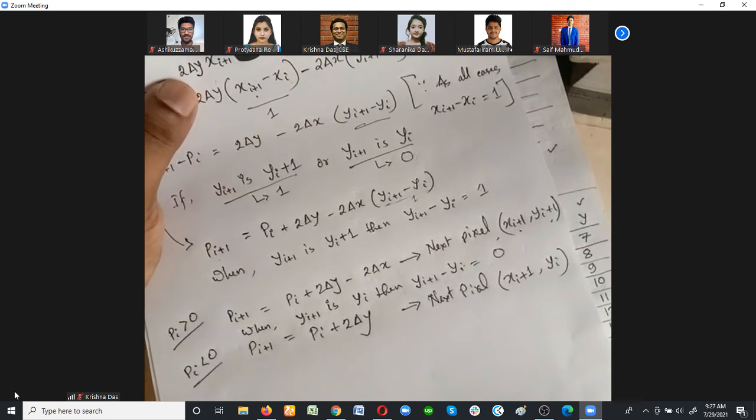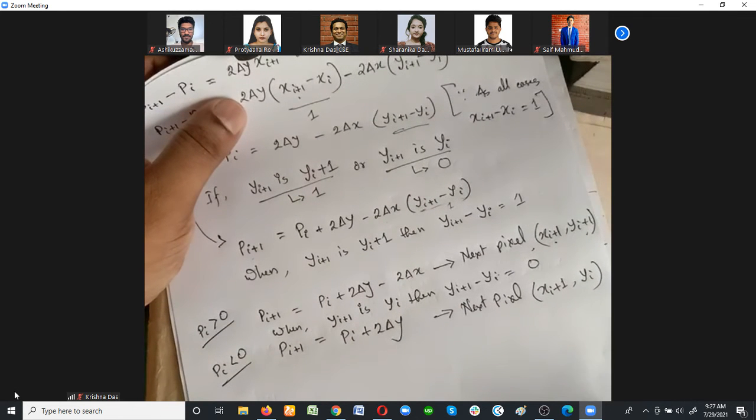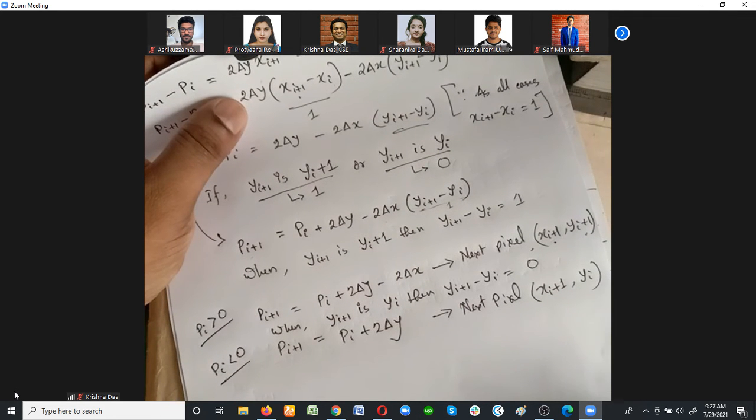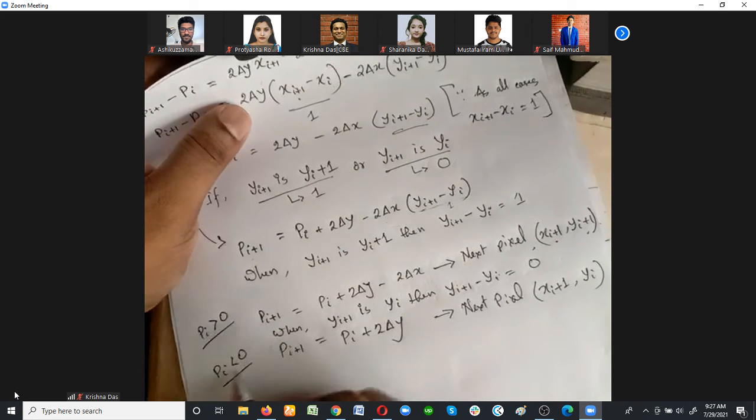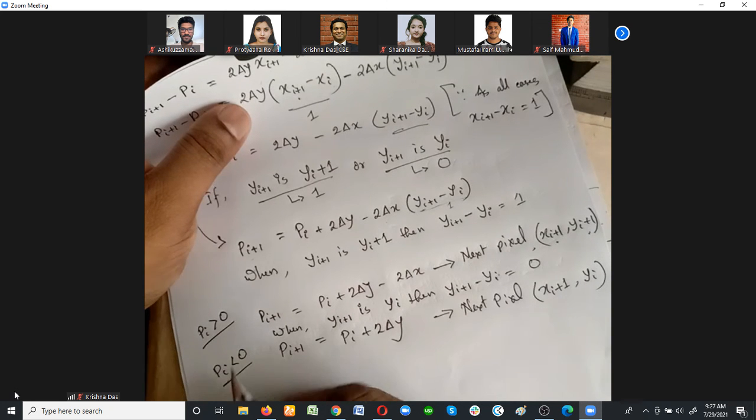Yes. So is it possible that p of i plus 1 minus pi can be negative as well? That is negative. No sir, I was saying the exact value of pi plus 1 minus pi that you have written over here in the upper side.